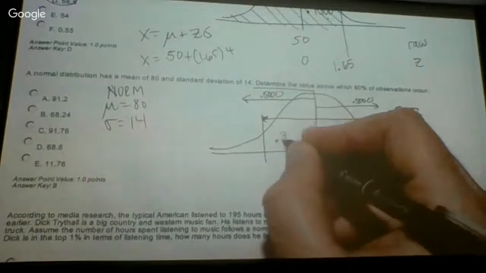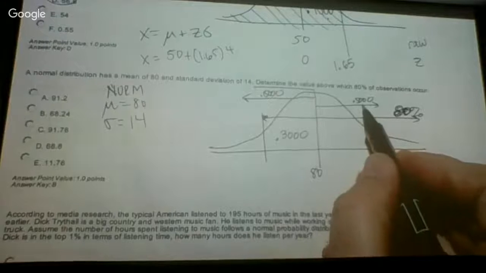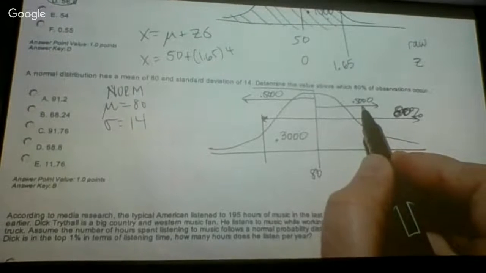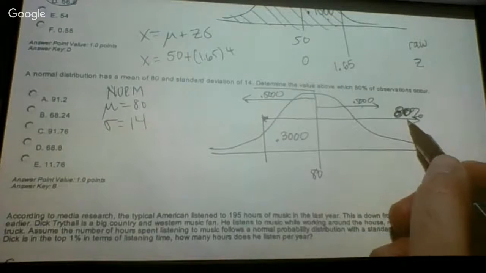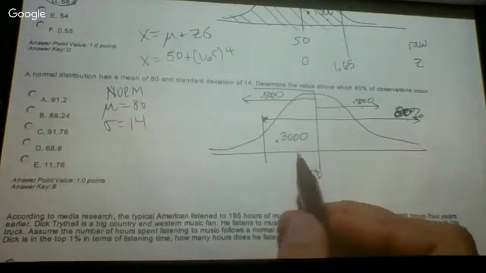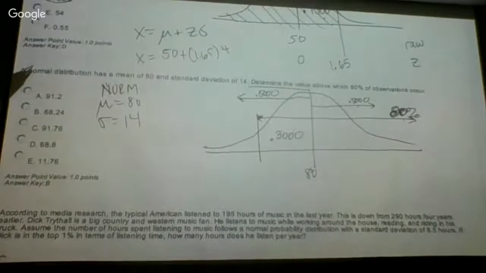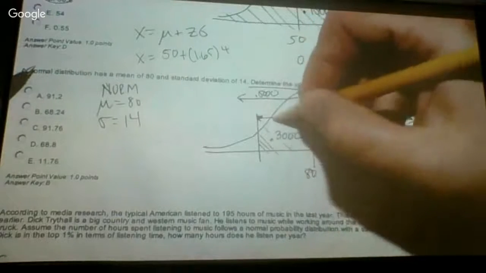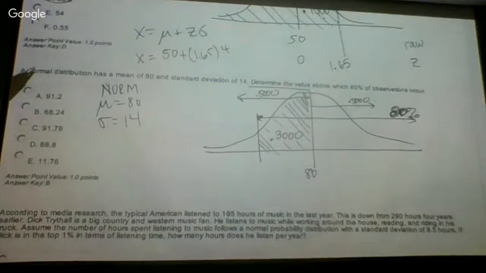This is why the picture is non-trivial. This is a piece of information that you need to know about the normal distribution. This is a piece of information that you gather from the question. When you combine those two pieces of information, you get the area of 0.3000, which is the value you can then look up in your table.